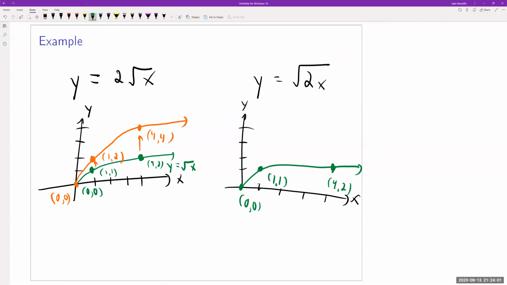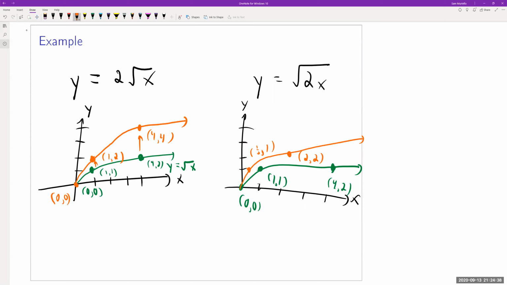In this case, remember, since I'm doing a horizontal change and the change is applied directly to x, then the change is the opposite. So this time it's a shrink of a factor of 2. That means that each x coordinate will be halved. So I will have the point 1/2, comma 1, and I will have the point 2, comma 2. I've taken each x value and halved it while leaving the y values the same.